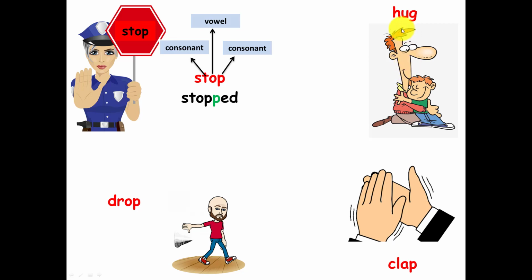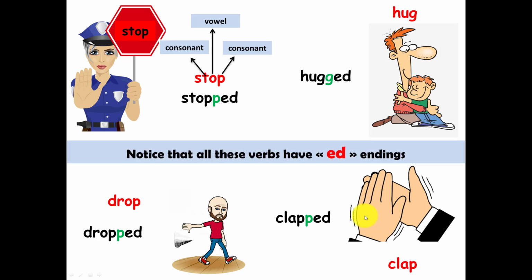Great. For hug, we get hugged. Right. Because we have a consonant plus a vowel plus consonant, we double G. Drop. Good job. Dropped. Last one. Clap. Good. Clapped. So notice that all these verbs have ED endings as well.